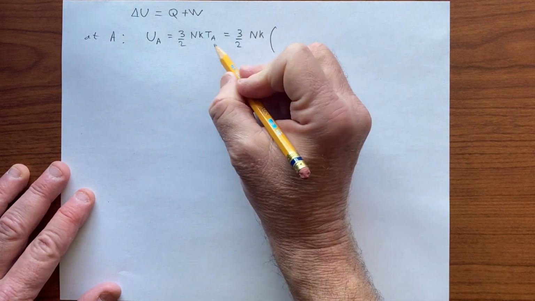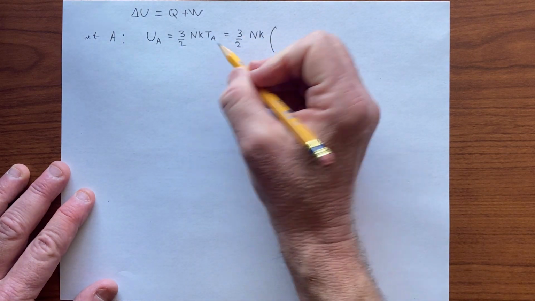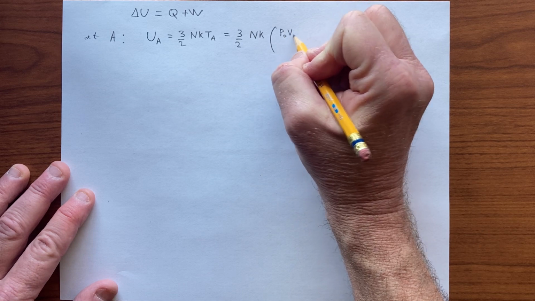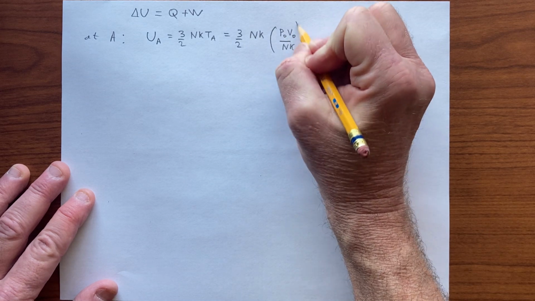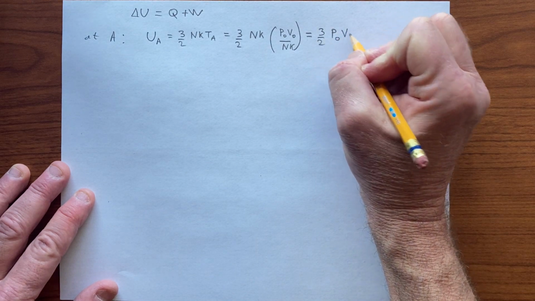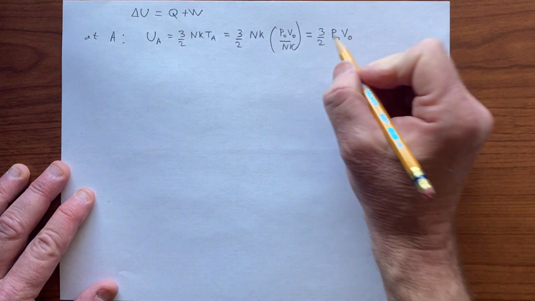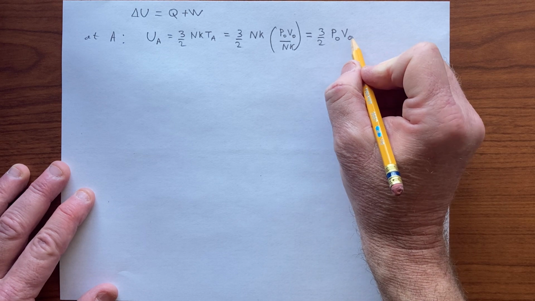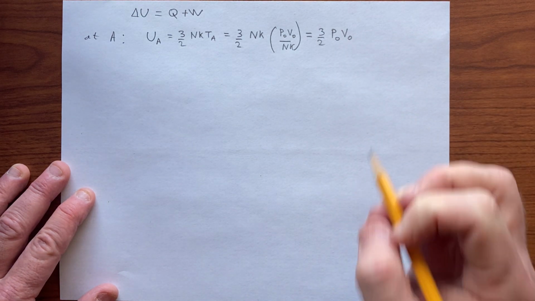Right, look at TA from the previous page. That's P naught V naught over NK, and therefore we have 3/2 P naught V naught. In terms of the known P naught and V naught, that's what the internal energy is.